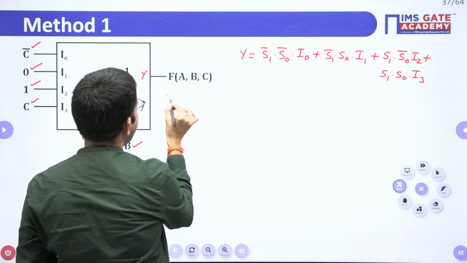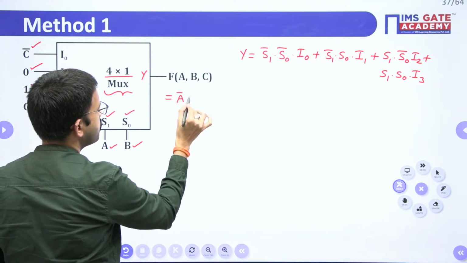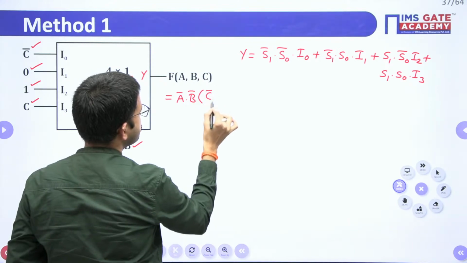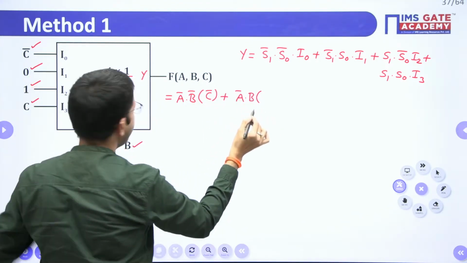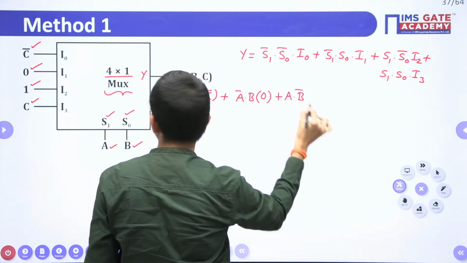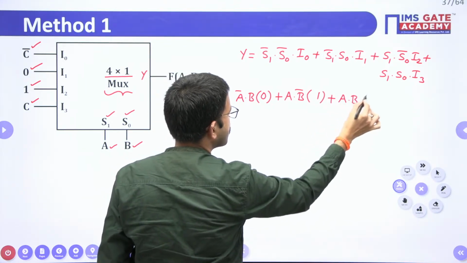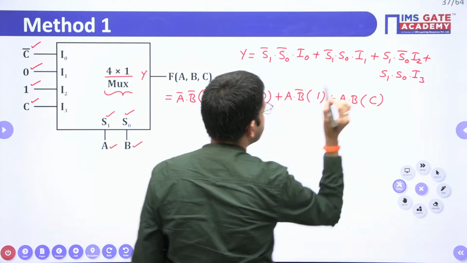So f of ABC equal to, here selection lines are AB, so A bar B bar into I0, I0 value is C bar, then A bar B into I1 value is 0, plus A into B bar, I2 value is 1, plus A into B for the last combination, I3 value is C.